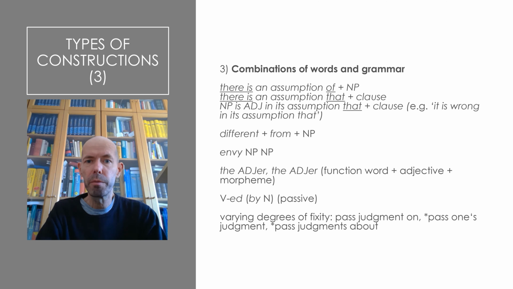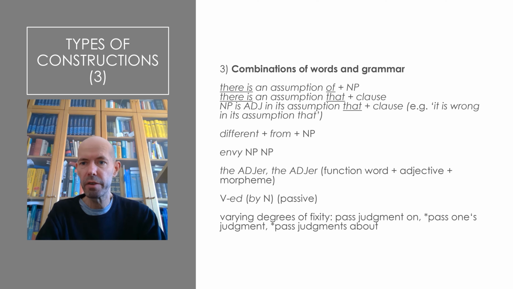And it's quite similar with examples like there is an assumption of plus noun phrase, or assumption is also used with the that clause. There's an assumption that, and of course the that clause is a totally free element that can be filled with anything. Or a noun phrase is adjective in its assumption that.